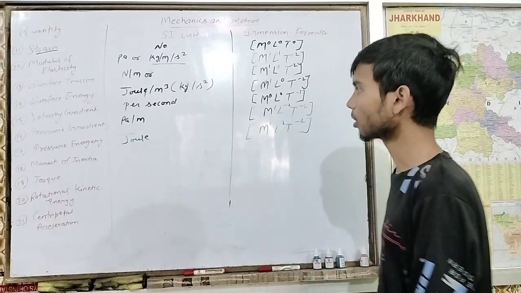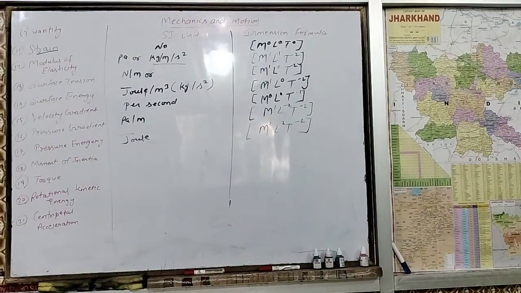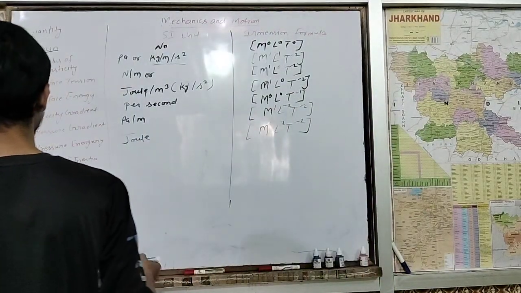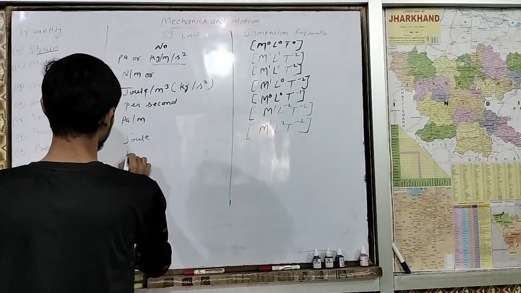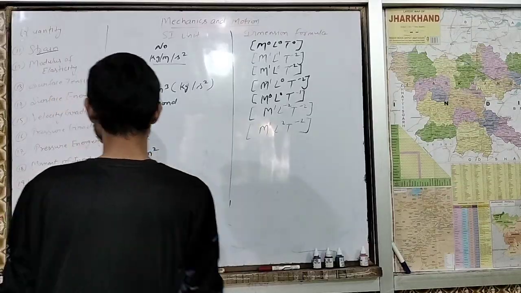Clear? Now next we have moment of inertia. What would be the SI unit for moment of inertia? So remember, the SI unit for moment of inertia is kg into meter square.